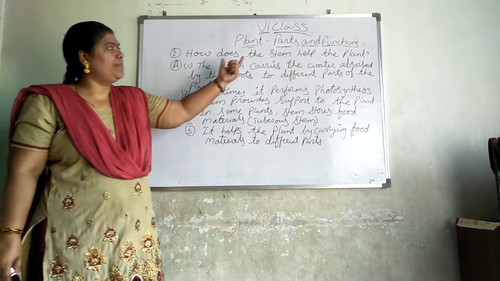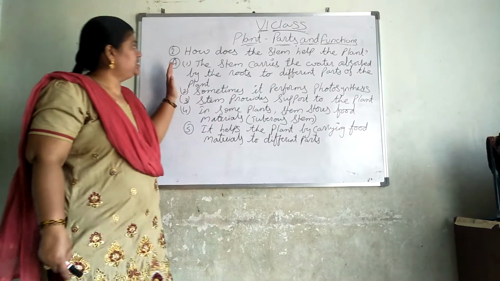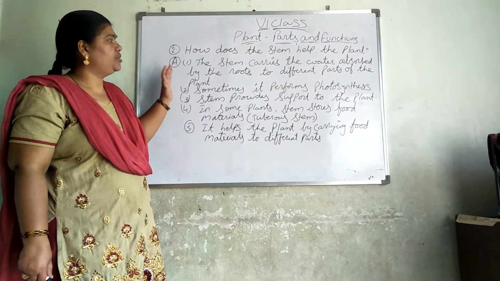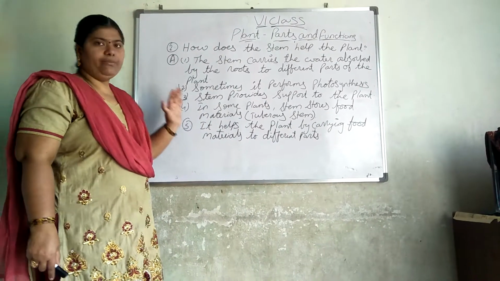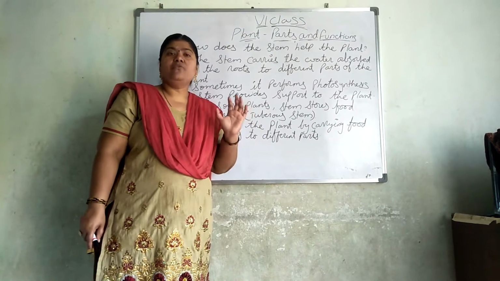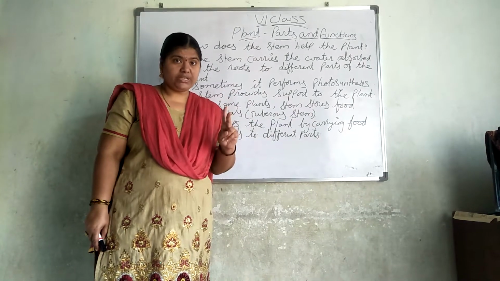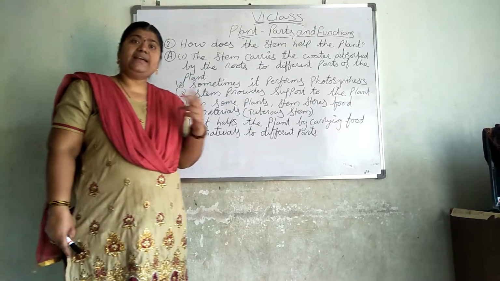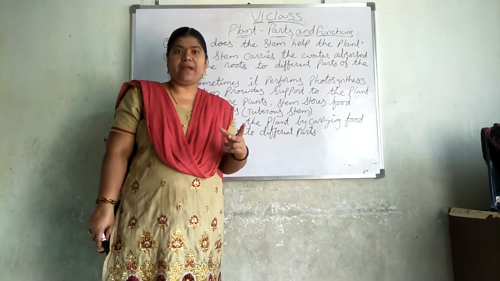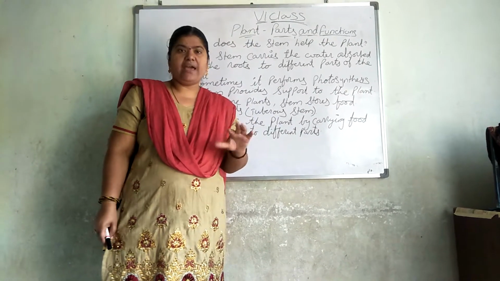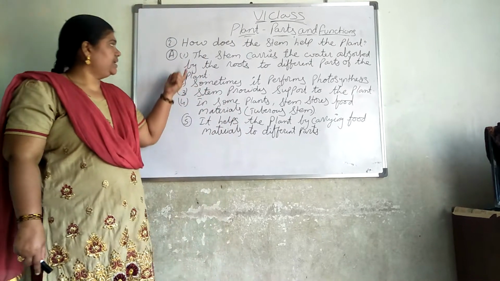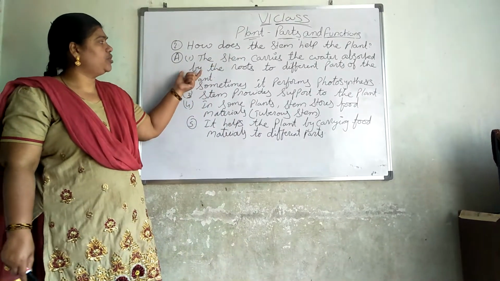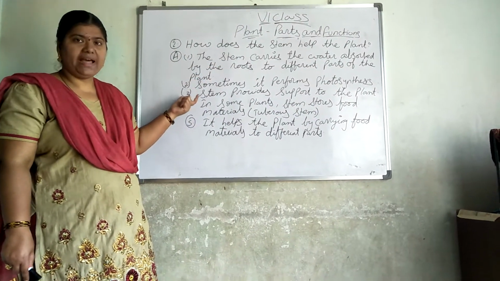The stem carries the water absorbed by the roots to different parts of the plant. For this, we did the experiment also. 2 experiments we did: absorption of water by taking one plant, and then we took 2 different plants. I hope you tried it at home.